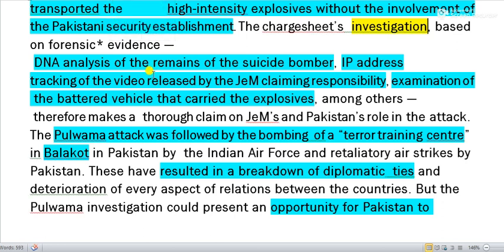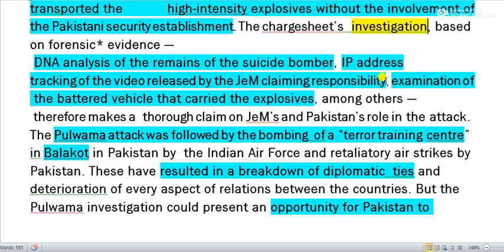The investigations were done on DNA analysis of the remains of the suicide bomber. So this would confirm the origin as to where the bomber belonged. Then the IP address tracking of the video released by JeM claiming responsibility.